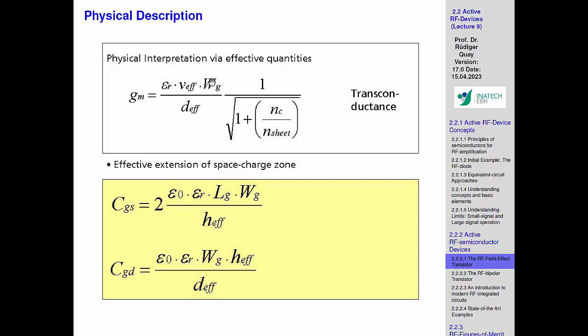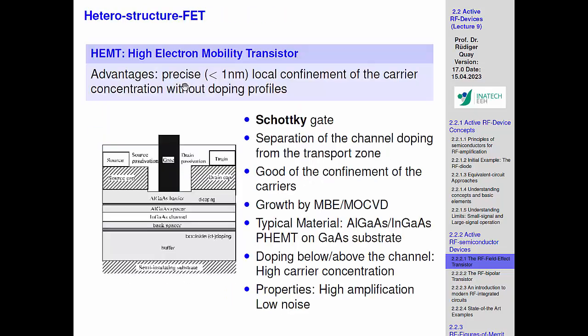What is helpful are these three parameters: the effective velocity in the channel. Which material in the channel should I use to make this thing fast? That is easy. That is what we did here.